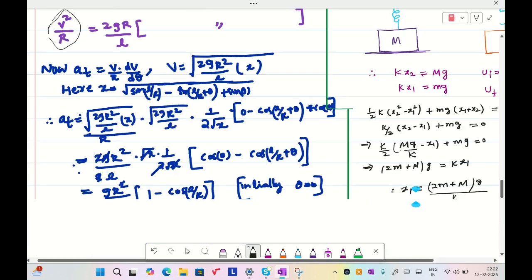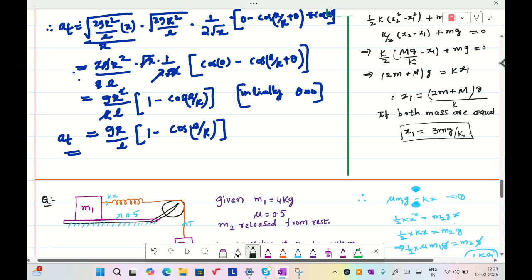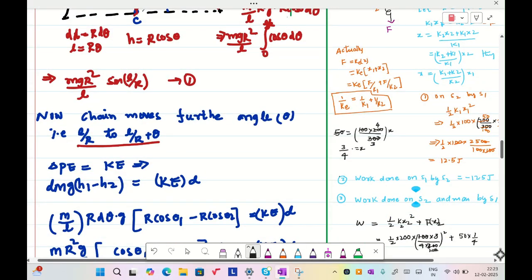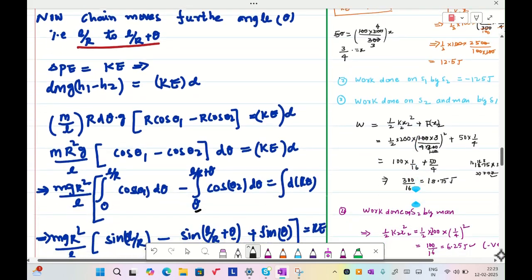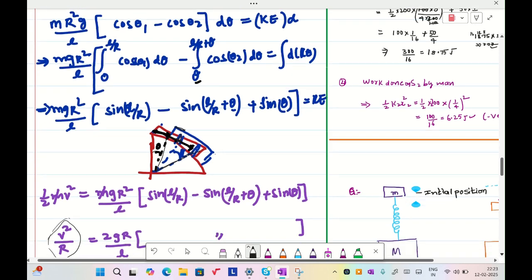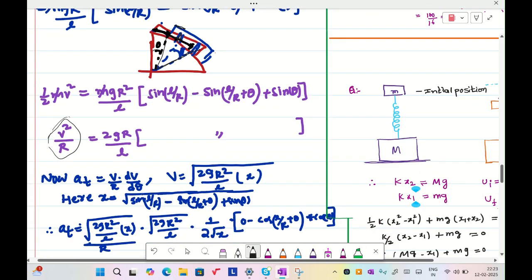Now next it asks for tangential acceleration. In tangential acceleration, at is equal to dv by dt. I will take dv by dt as v into dv by d theta. So at is equal to v by r into dv by d theta.